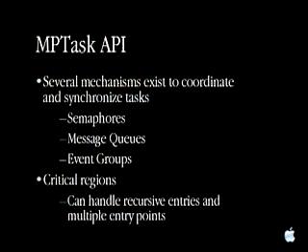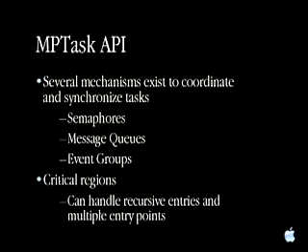The API here is pretty rich. There are a lot of mechanisms to do synchronization between MP tasks. There's a semaphore model, there are message queues, and event groups. All three of these can be used in different ways depending on your application. If you have a client-server model, or a worker thread model, you can decide which one works best for you. The other API that's a little bit unique here is the critical region API.